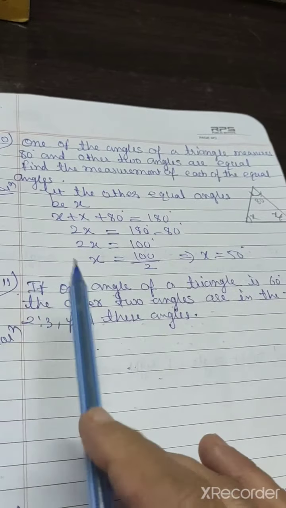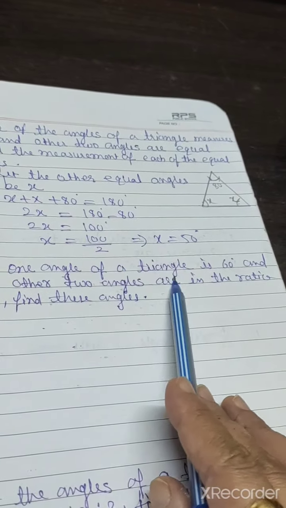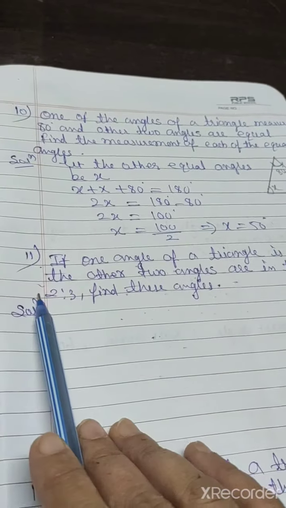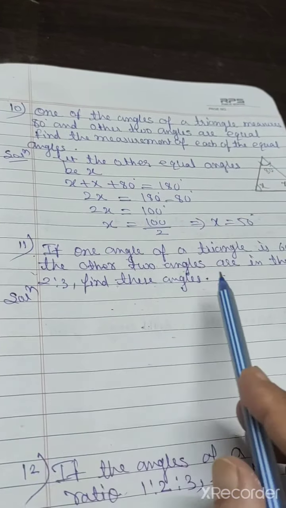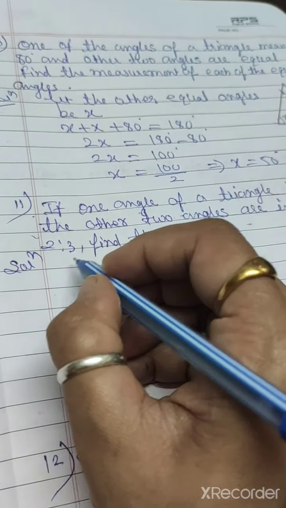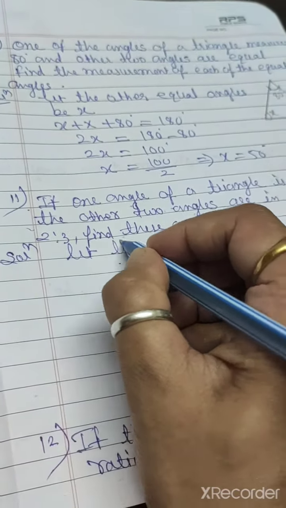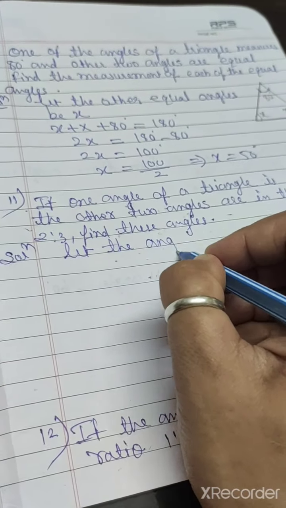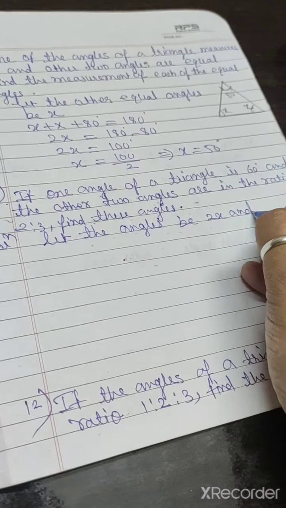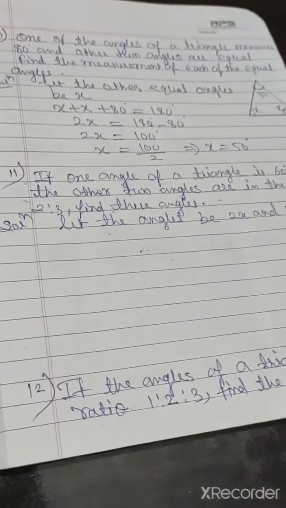11th question. If one angle of a triangle is 60 degree and the other two angles are in the ratio 2:3, find these angles. So let the angles be 2x and 3x.